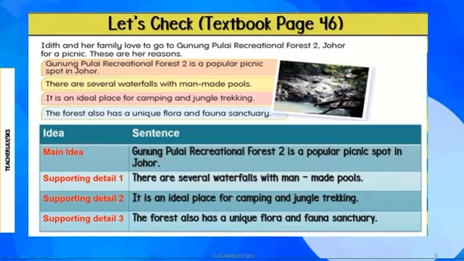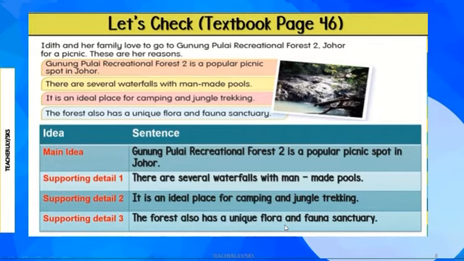Supporting detail 1: There are several waterfalls with man-made pools. Supporting detail 2: It is an ideal place for camping and jungle trekking. Supporting detail 3: The forest also has a unique flora and fauna sanctuary.